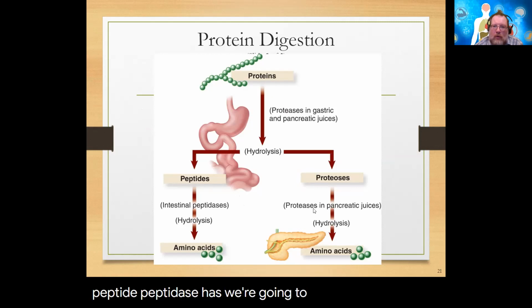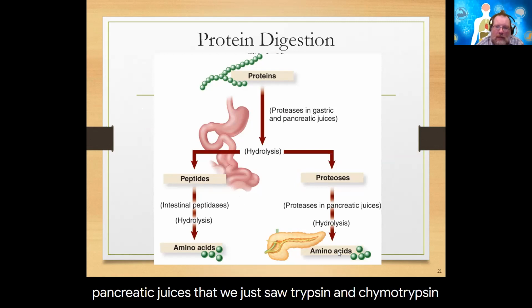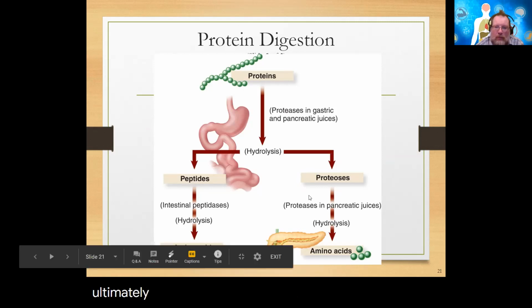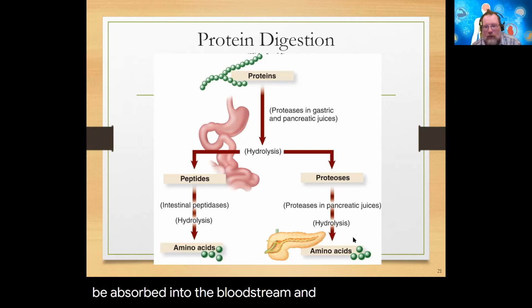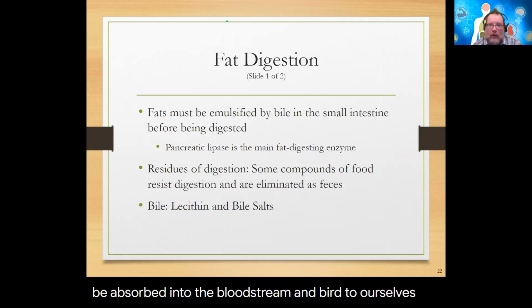We're going to see proteases from pancreatic juices that we just saw, trypsin and chymotrypsin, ultimately breaking up these long chain proteins into amino acids. And then these amino acids are going to be absorbed into the bloodstream and delivered to our cells for protein synthesis.